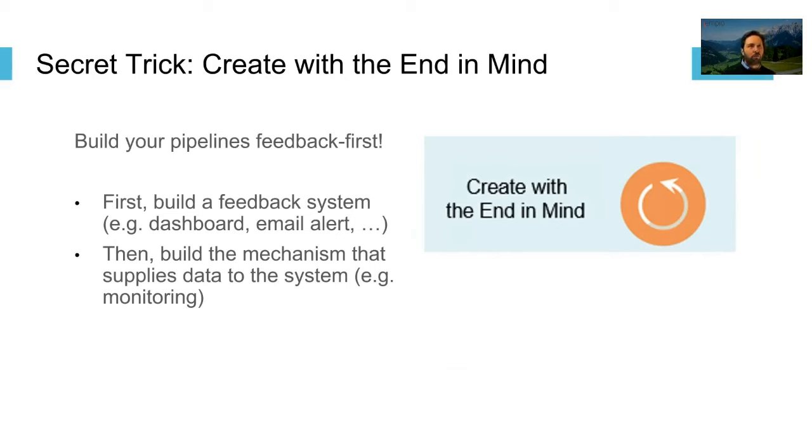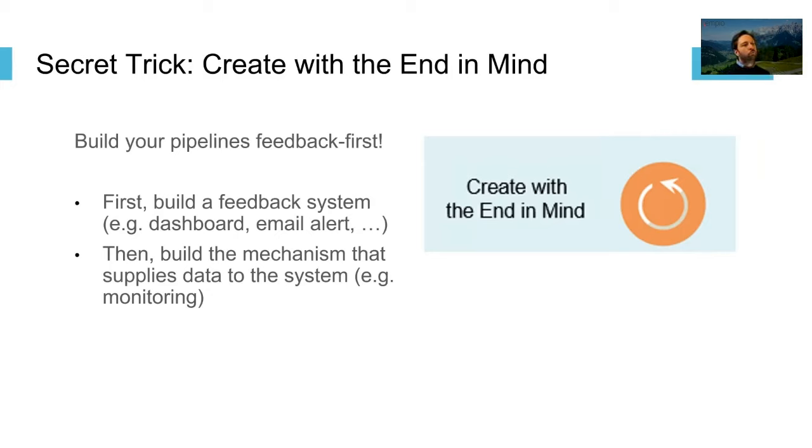I propose that you build your pipelines, that you build your systems feedback first. Much like test-driven development, where you first write a test that expresses the desired system behavior, and then you build the actual system that has this behavior. Why don't you build the feedback system first?